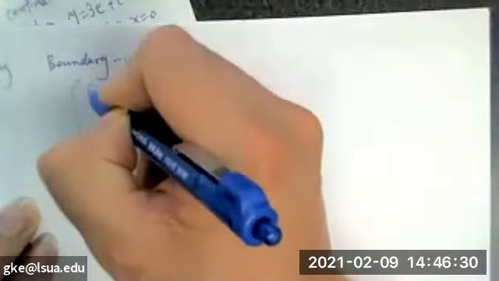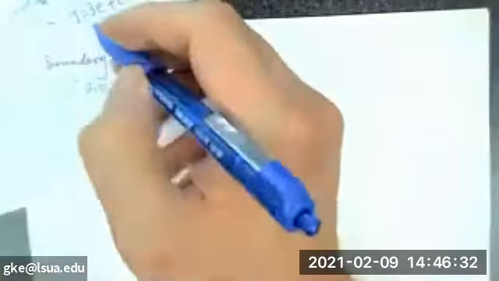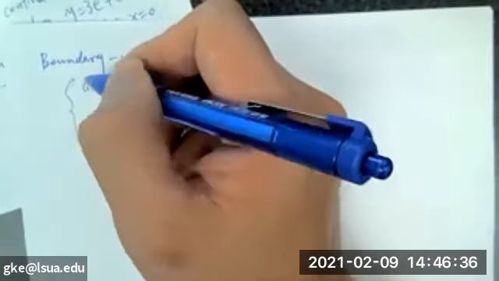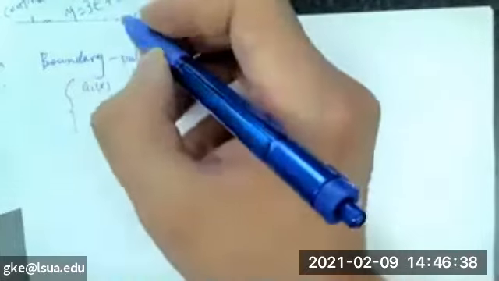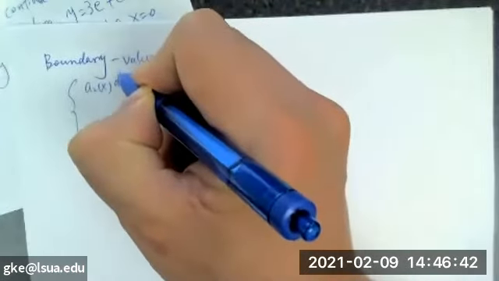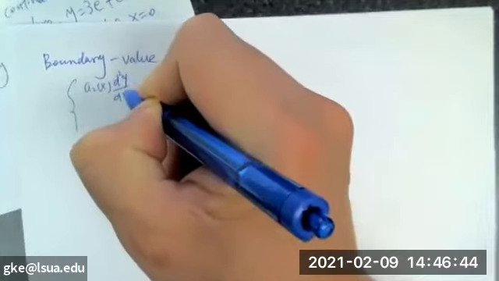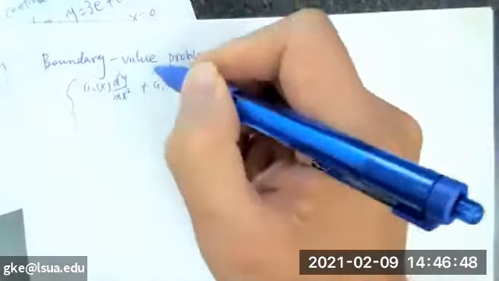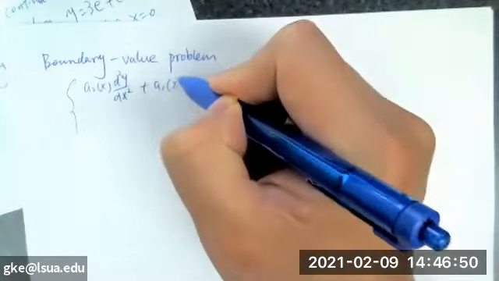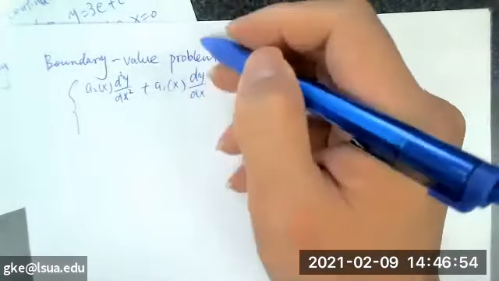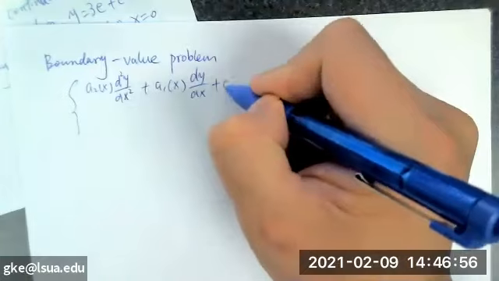We have A(x) d²y over dx² plus a1 dy over dx plus a0.